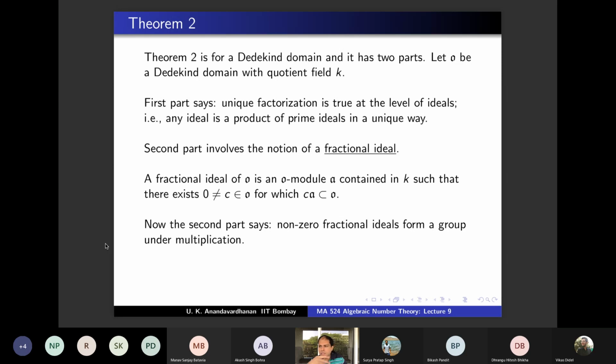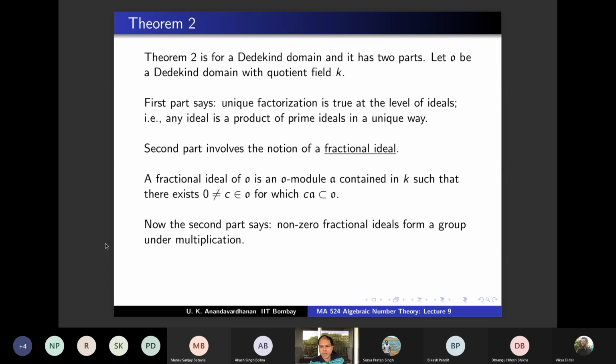And this is where the class group comes in. This result says that non-zero fractional ideals form a group, and then you can consider all the principal fractional ideals. What is a principal fractional ideal? A fractional ideal which is generated by one element, like your principal ideals. That will be a subgroup of this, and you can take the quotient.